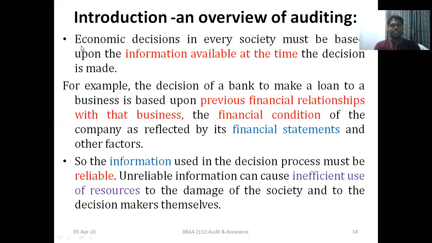So the first point says that the economic decisions in every society must be based on information available at the time the decision is made. That's correct, no? Because as I told you in the earlier video lecture, in order to make a decision, we need information, adequate enough information.